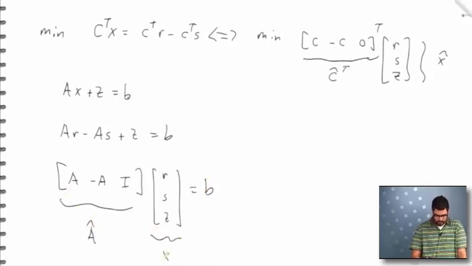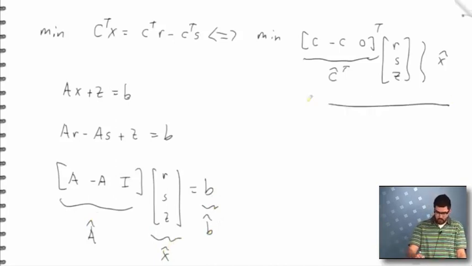Of course, this is X hat. And this is actually, even though it's still B, also our new B hat. So in this case, B hat is equal to B. That hasn't changed. And that completes our conversion.